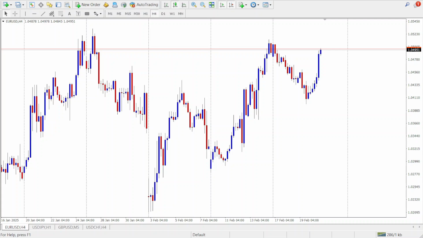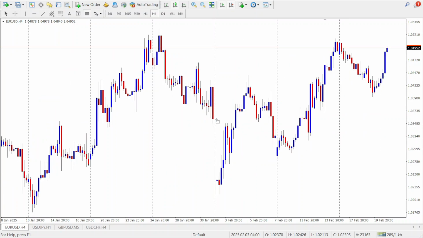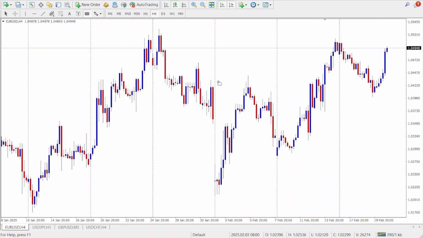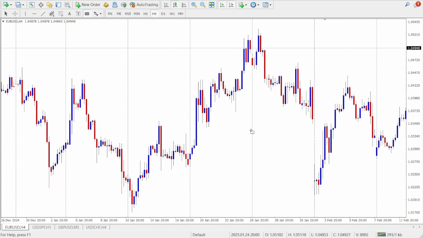So, first things first, what are support and resistance levels? Now, simply put, these are price zones where the market tends to react. Okay, support is a price level where demand is strong enough to prevent the price from falling further.